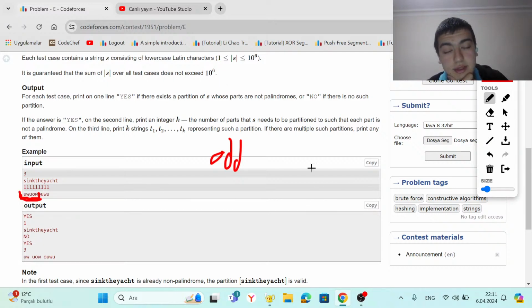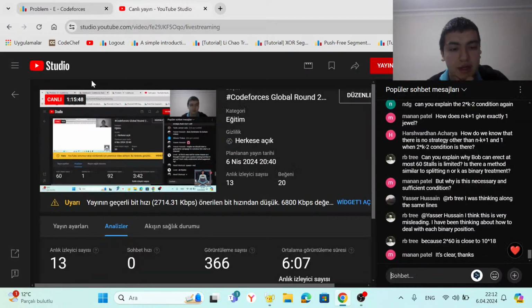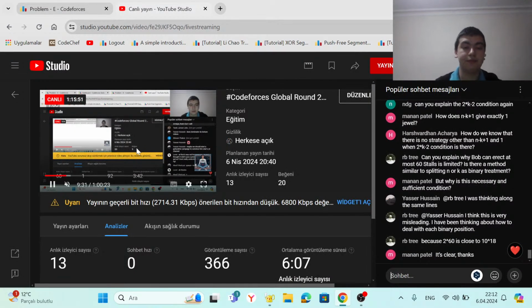If it is all even palindrome, divide it by half and decrease one index before, say middle minus one element, middle plus one element. And if it is odd, find an odd non-palindrome string and solve the other part by itself.